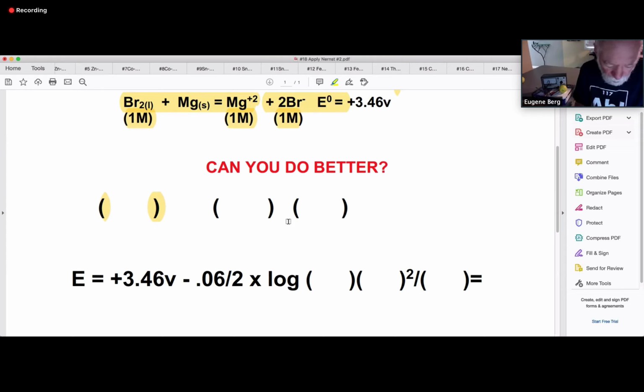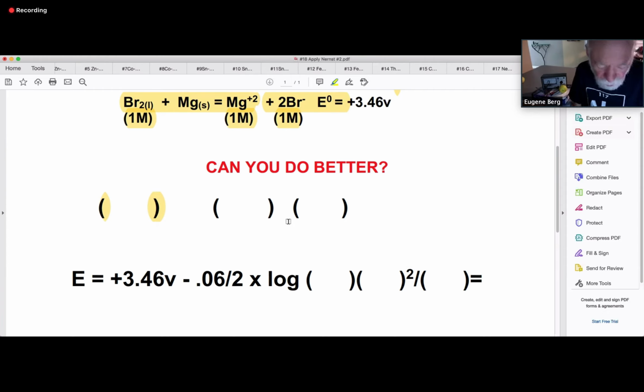So I'll put in 0.1. And for the bromine, it's going to be 0.1 squared. So I'll do times 0.1 times 0.1. And just a check, I've got an answer so far, 0.001. Anyone check that? And then I'm going to divide it by the reactant. That was a 2. So I'll divide it by 2 equals.